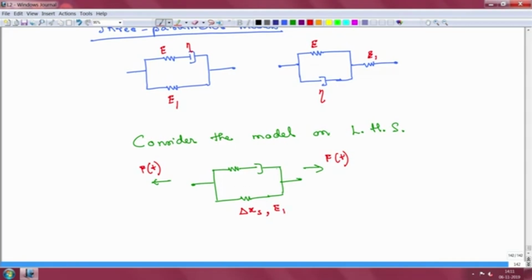Now, this basically is going to behave like a Maxwell model, right. So, this entire thing is a Maxwell model. So, let us denote the displacement here by xm and the force it experiences as Fm t, and here the force will be Fs.